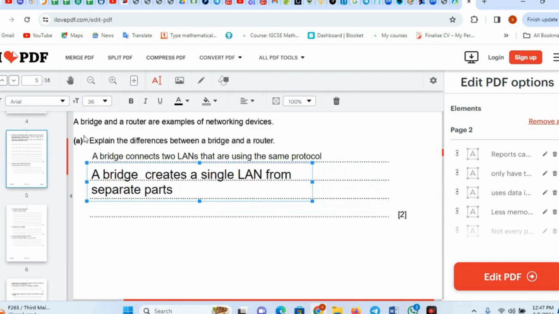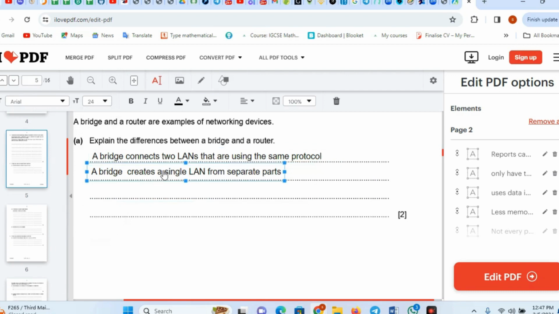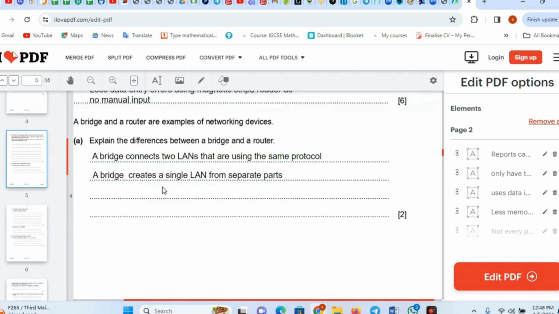That's why we call it a bridge. It takes its different parts and makes them one. But for a router, this is for a bridge.